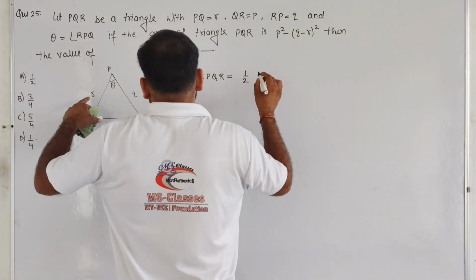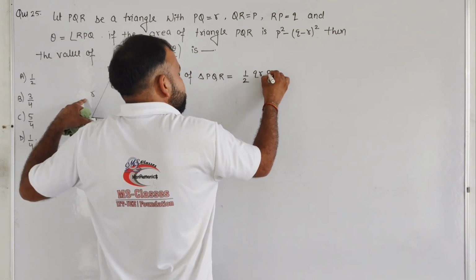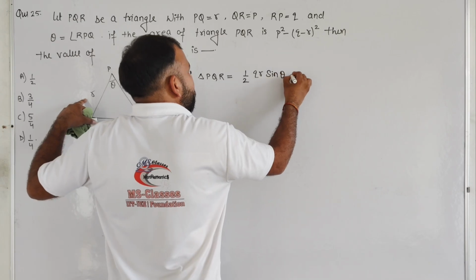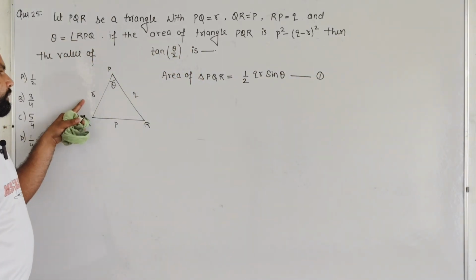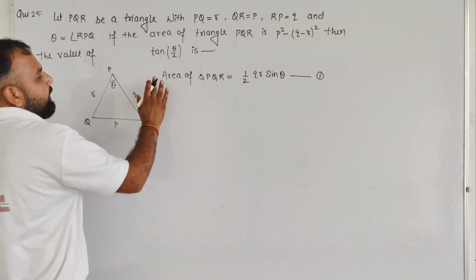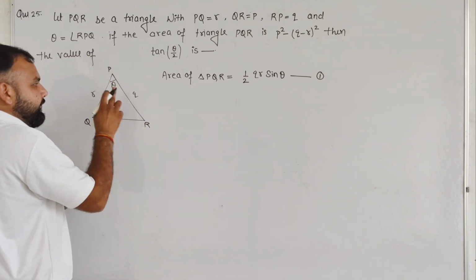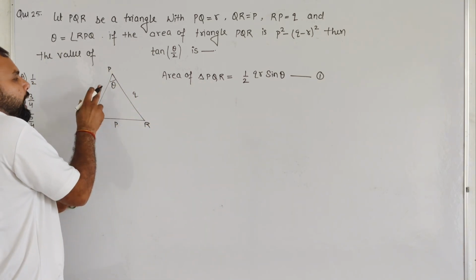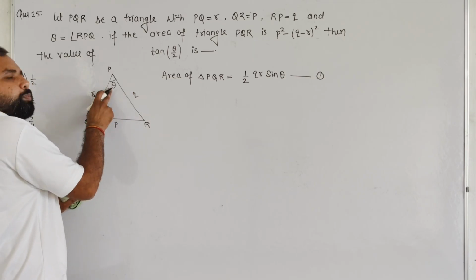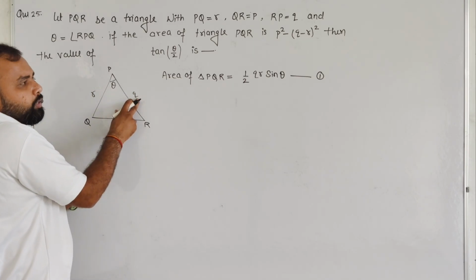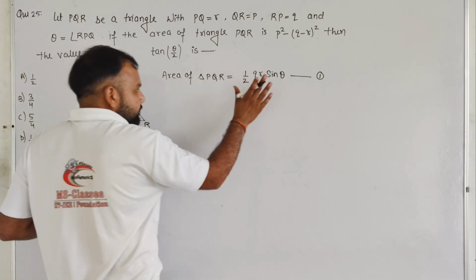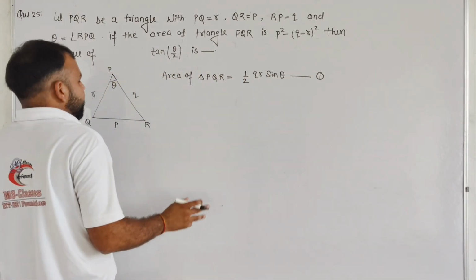So 1 by 2 q r sine theta is the area of the triangle. Let us consider that equation first. Student, always remember the area of triangle PQR if the angle is given is 1 by 2 times the adjacent sides with respect to the angle, that means q r sine theta. This is the standard formula of area of a triangle.